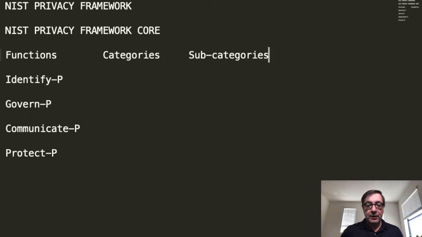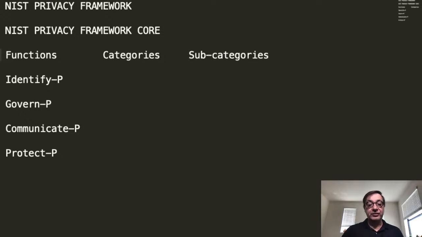They can be used to have a dialogue with senior management or a board that are not necessarily experts in privacy. So this is what NIST found with the cybersecurity framework, and they really wanted to achieve that communication goal for this framework as well.